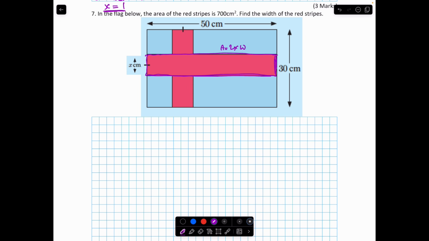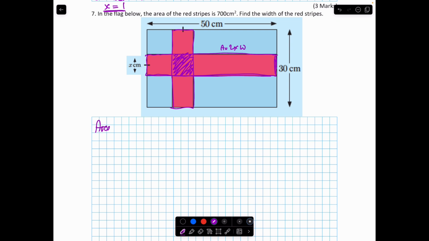Okay. We have 2 rectangles here, a horizontal one and a vertical one. But if we find the area of the long rectangle and the area of the short rectangle, we've actually done the square in the middle twice, so we need to get rid of that as well. So this is the thinking.